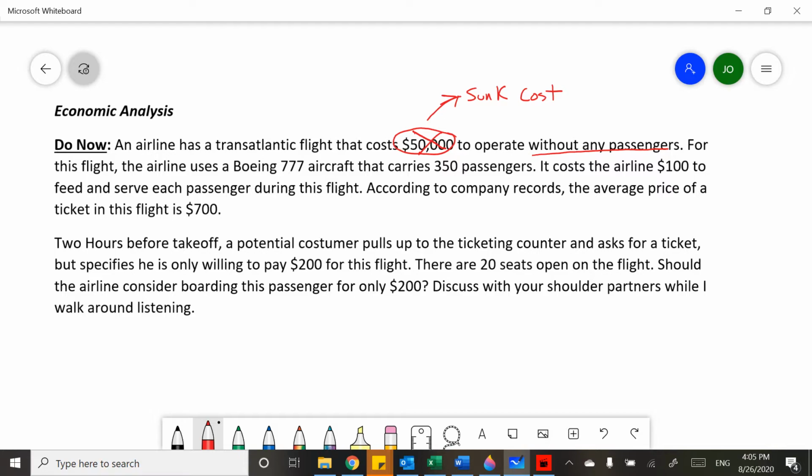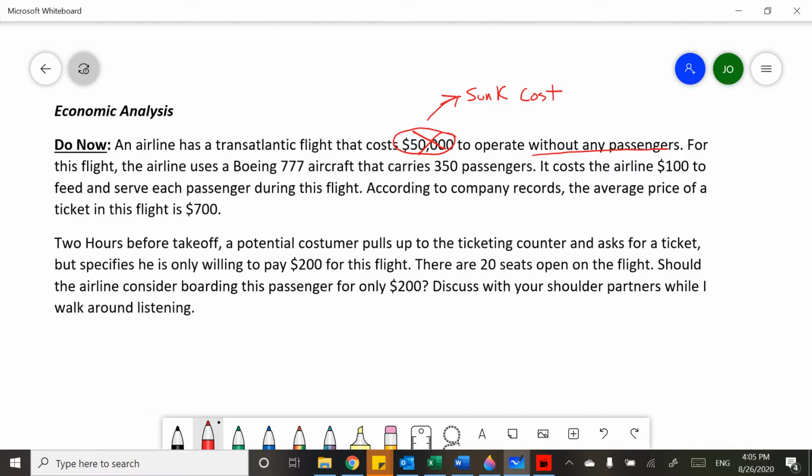Do you stay in the movie just because you already paid, or do you decide to leave the movie and try to do something else more useful with your time? The correct answer is you leave, because you're not enjoying this movie, and those $10 that you already paid for the movie ticket are irrelevant now because you already lost them. So that is the idea of a sunk cost.